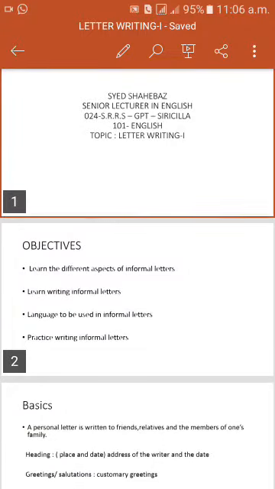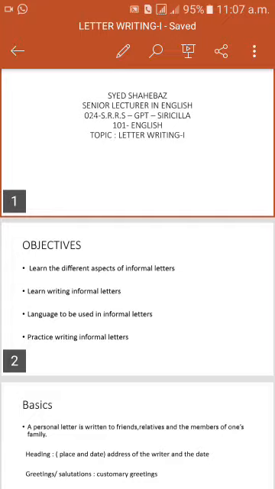All these letters come under the category of formal letters. Formal letters are official letters. So these letters are written to officials, either in the government sector or in the private sector or in the corporate world.